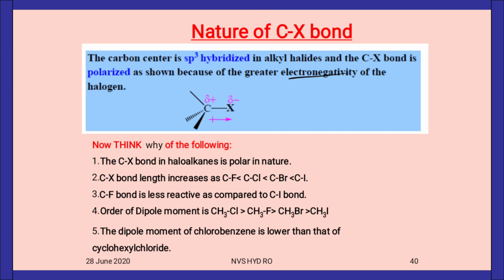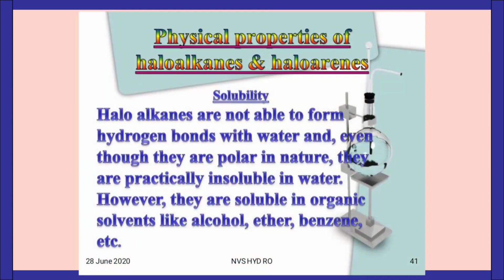So here remember iodine and fluorine. I will also correct this mistake. The dipole moment of chlorobenzene is lower than that of cyclohexyl chloride. Now let's see the physical properties of the haloalkanes and haloarenes.